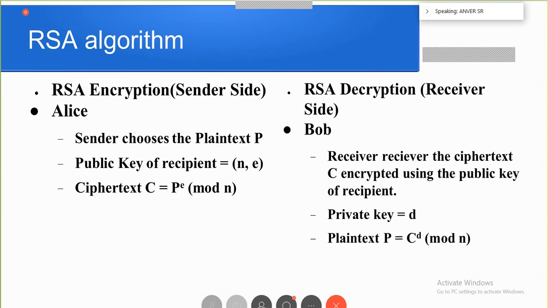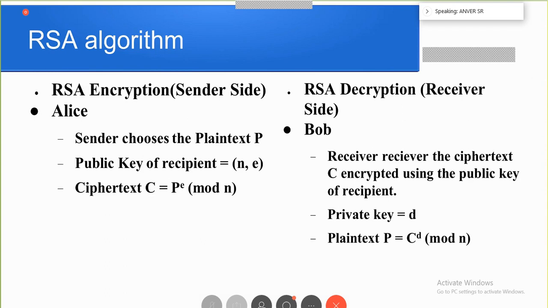Then Alice, from the sender side, chooses the plaintext p. She knows the public key of the recipient, that is n comma e, and the ciphertext is computed as c equal to p raised to e mod n.